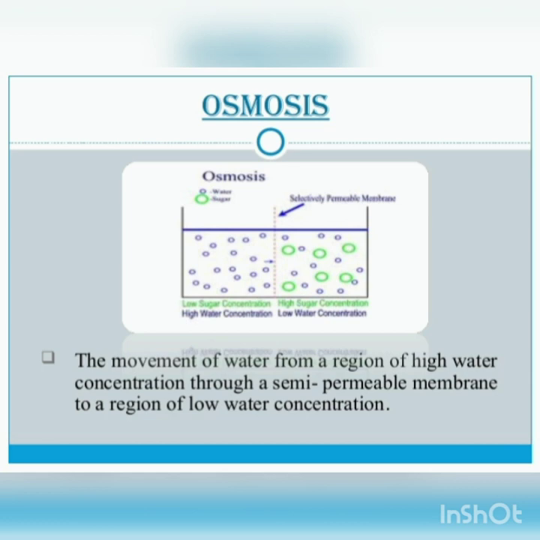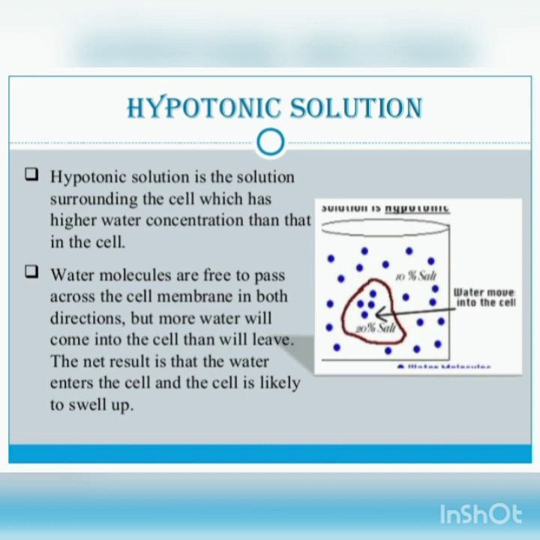The process of osmosis can be seen in all cells placed in a solution of different concentration. There are different types of solution. First is hypotonic solution. The medium or solution surrounding the cell has high water concentration as compared to the inside of the cell.